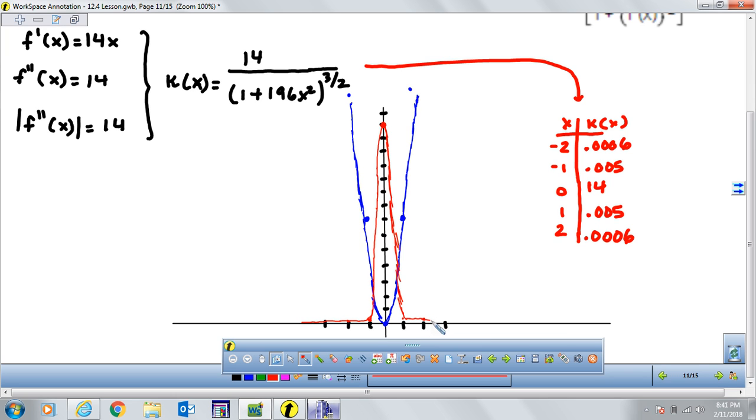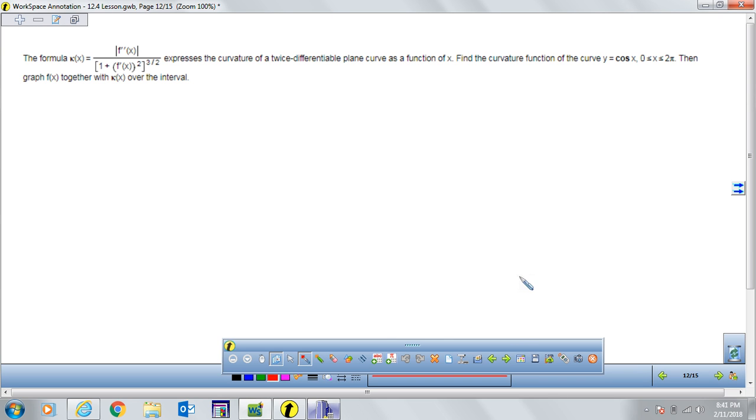Same thing happens as we get far away from 0 on this side. Okay, so this function represents the curvature, how much the graph of this function 7x squared is curving at any given point on the curve. Now on this one it would be basically the same thing.